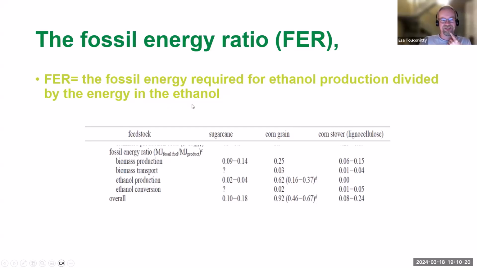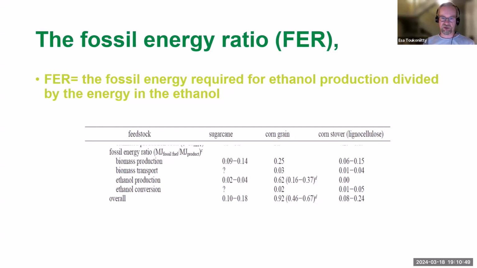A very long sentence and complicatedly said, but if this number becomes 1, you use as much fossil energy as the product contains, and that means it doesn't make any sense to produce fuel when the production consumes the same amount of fossil energy.